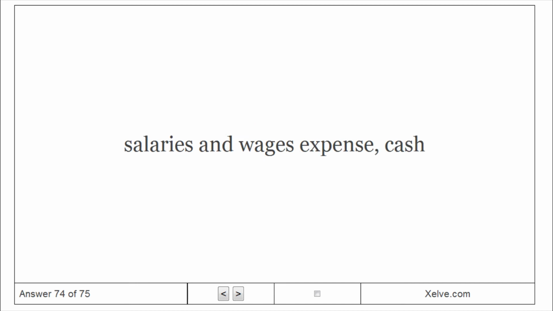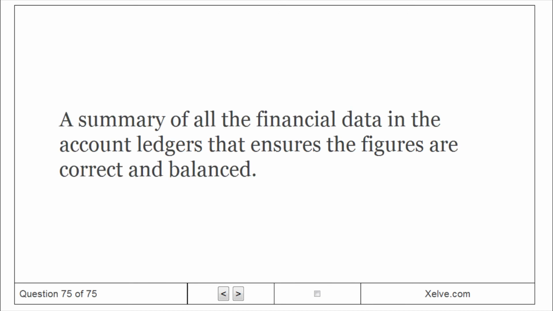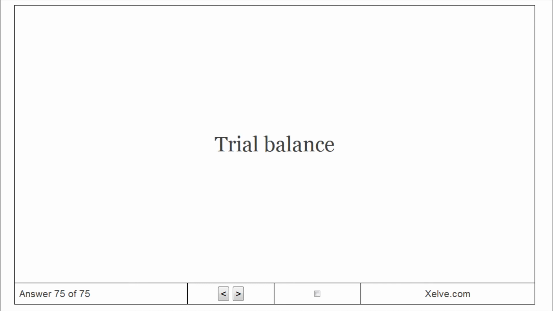Salaries and wages expense, cash. A summary of all the financial data in the account ledgers that ensures the figures are correct and balanced: trial balance.